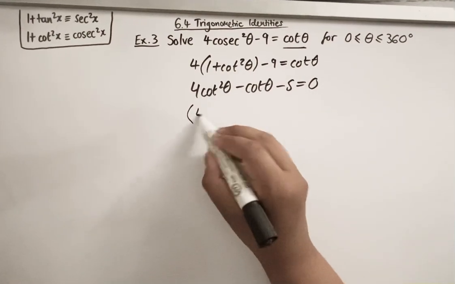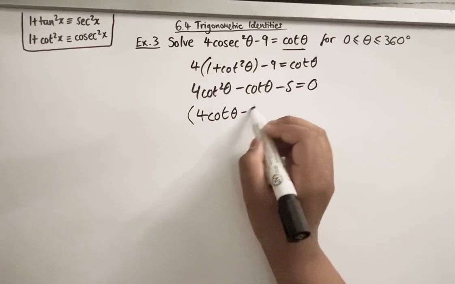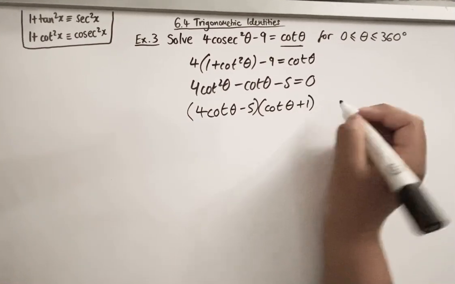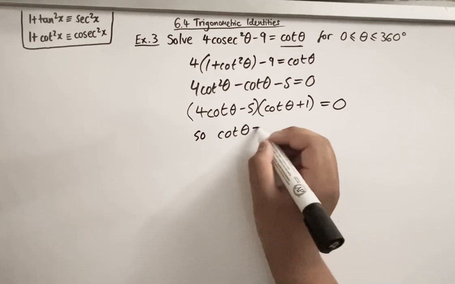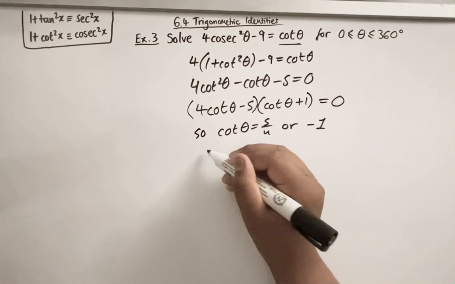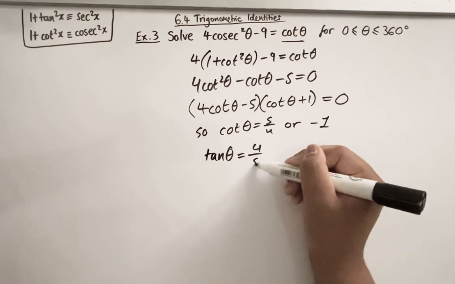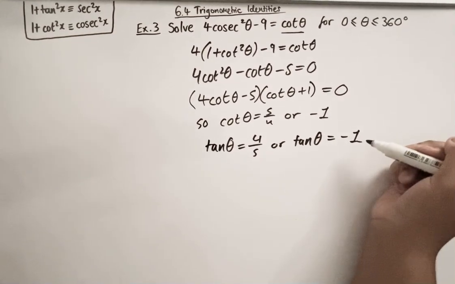So we can factorize this to 4 cot theta minus 5 multiplied by cot theta plus 1 equals 0. So cot theta is either 5 over 4 or negative 1. So tan theta is 1 over cot theta, which is 4/5, or tan theta is equal to negative 1.